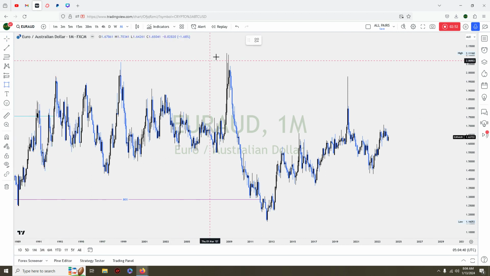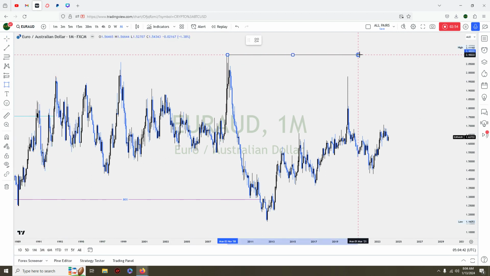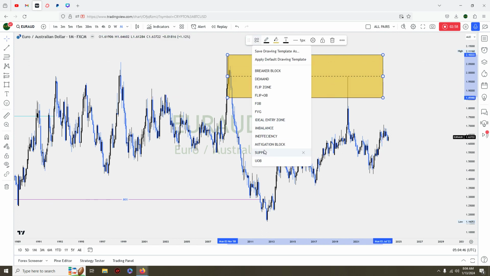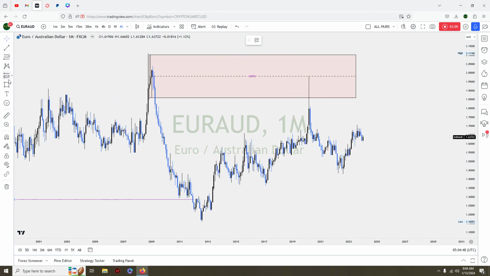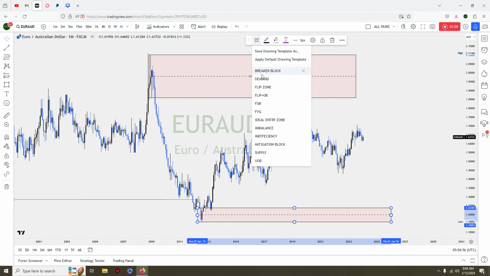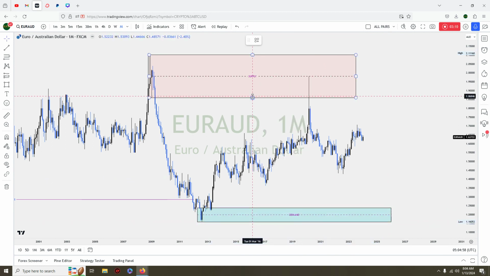So what I'll mark is the supply. That's a supply. I will also mark this as a demand. And then we will now improve our work and see that this is a breakout structure.